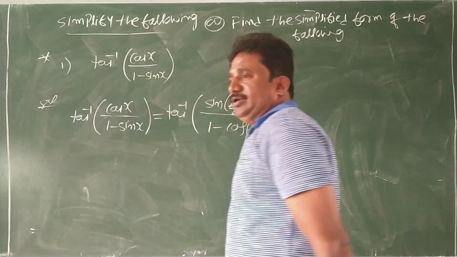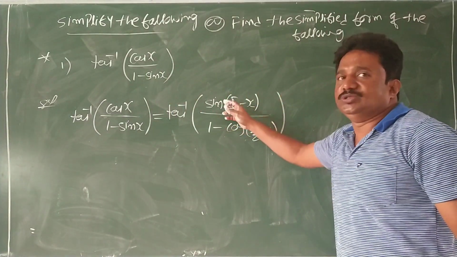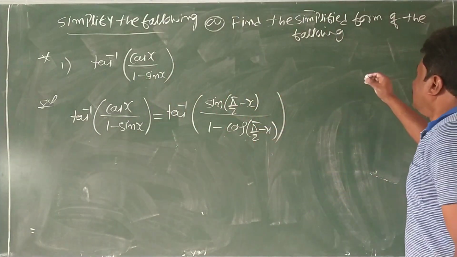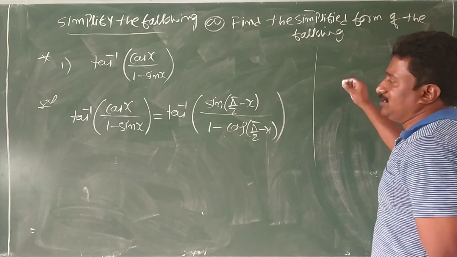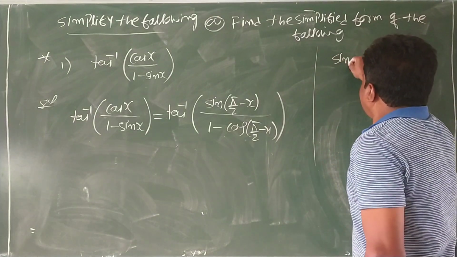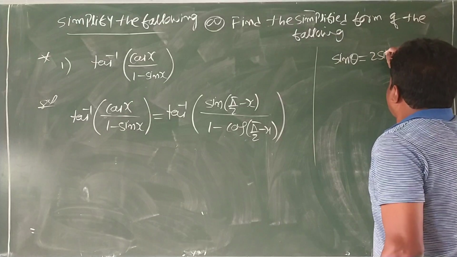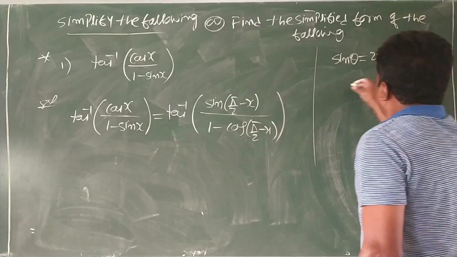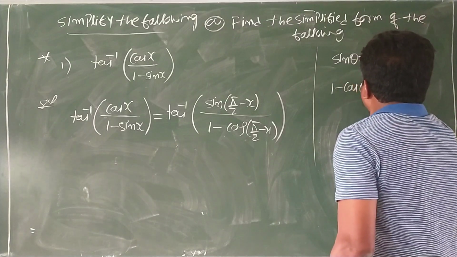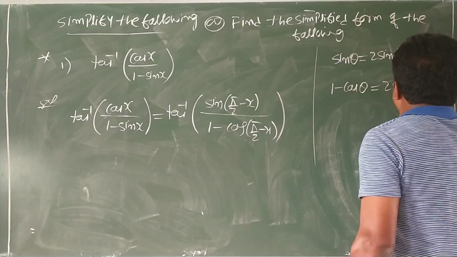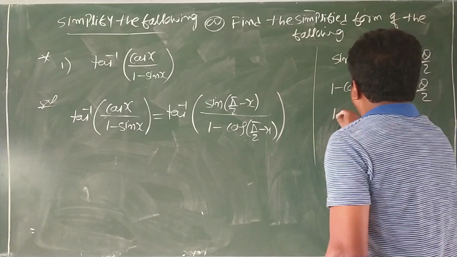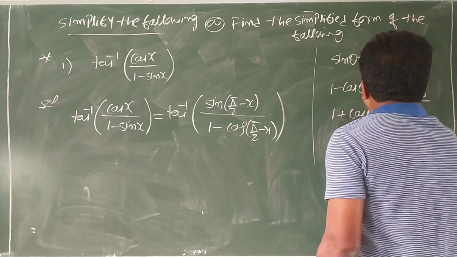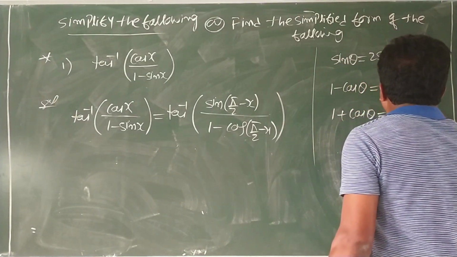Now you use the half angle formulas, students. Learn these half angle formulas by heart. Sin theta is equal to 2 sin theta by 2 cos theta by 2. 1 minus cos theta is 2 sin square theta by 2. 1 plus cos theta is 2 cos square theta by 2.